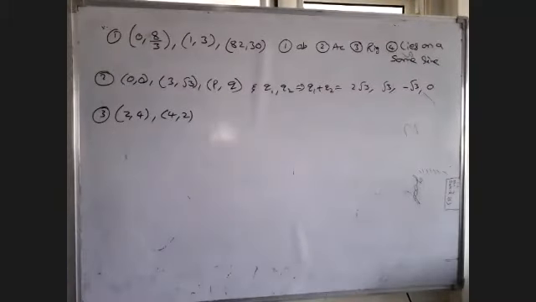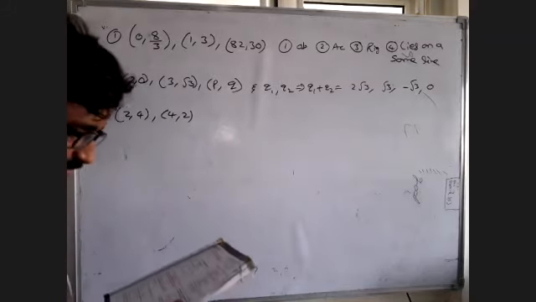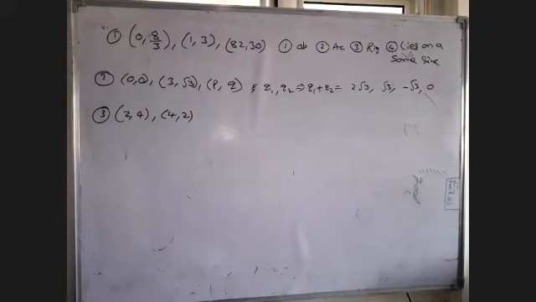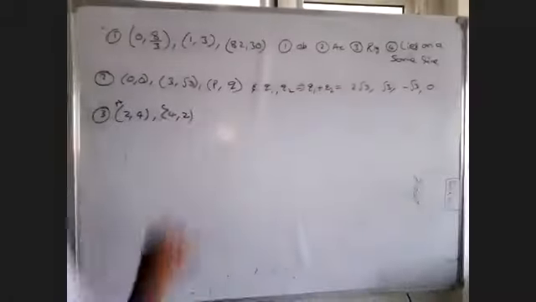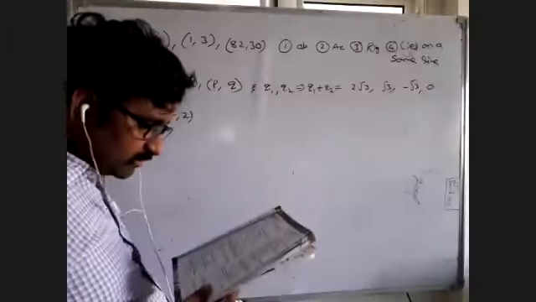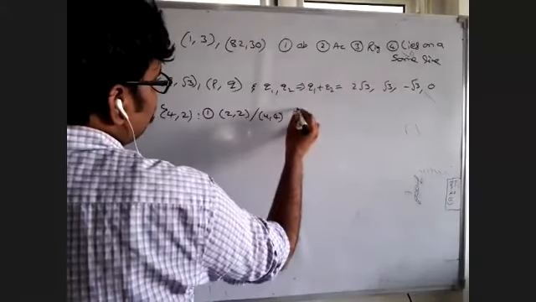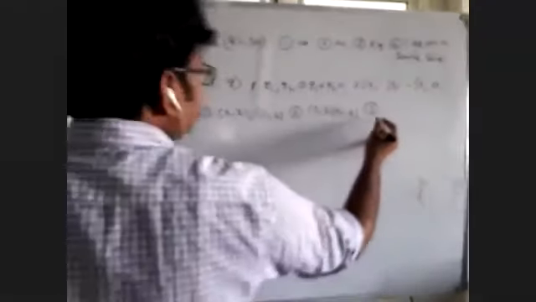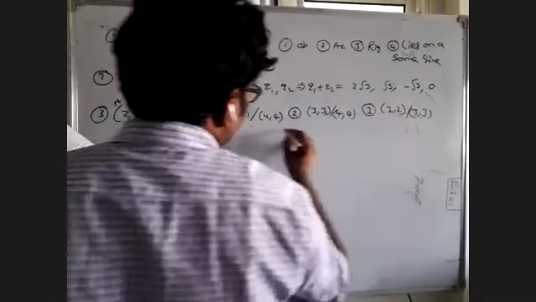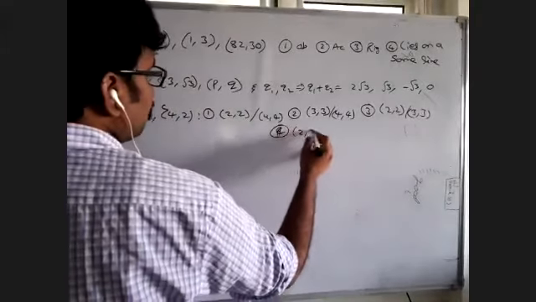Next question. If 2, 4 and 4, 2 are the extremities of the hypotenuse of a right angle isosceles triangle, meaning this is A and this is C, then the third vertex is: first, 2, 2 or 4, 4; second, 3, 3 or 4, 4; third, 2, 2 or 3, 3; fourth, 2, 3 or 3, 2.